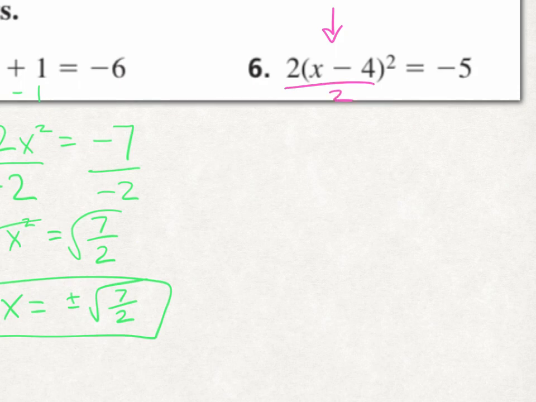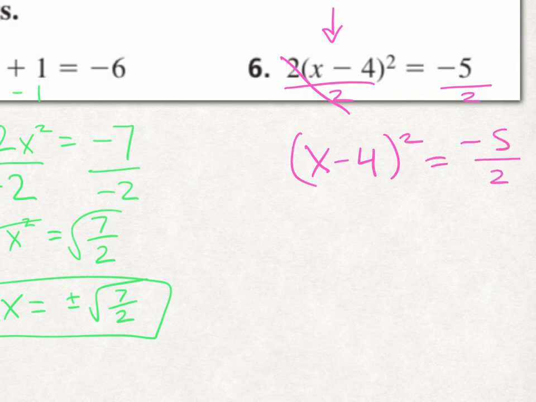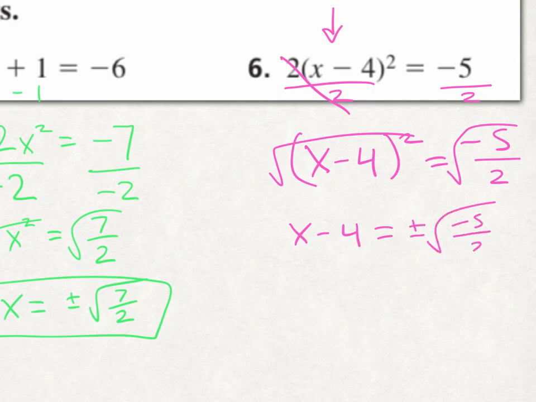Divide both sides by 2. So the 2 cancels out, and we have x minus 4 squared is equal to negative 5 halves. What do we do next? We take the square root of both sides. So x minus 4 is equal to plus or minus the square root of negative 5 over 2.